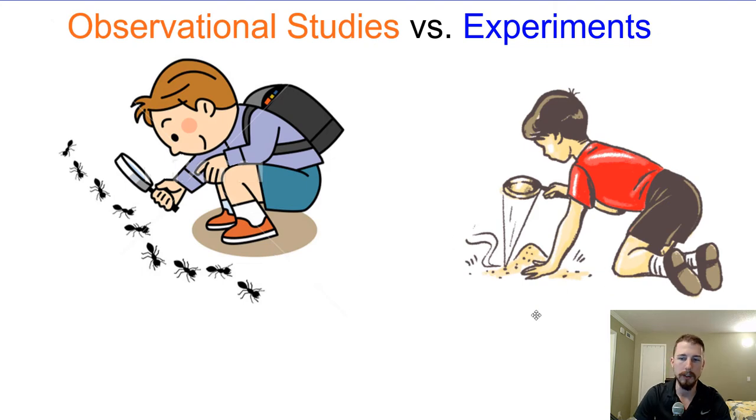So in an experiment, instead of just observing the ants, we're actively manipulating and hands-on with the ants, and in this case, these poor ants, this terrible kid with magnifying glasses burning ants, right? So we're going to be forcing people into treatment groups, whether they like it or not, or forcing lab rats or plants, whatever our experimental units are, into different treatment groups, and then observing the outcomes.